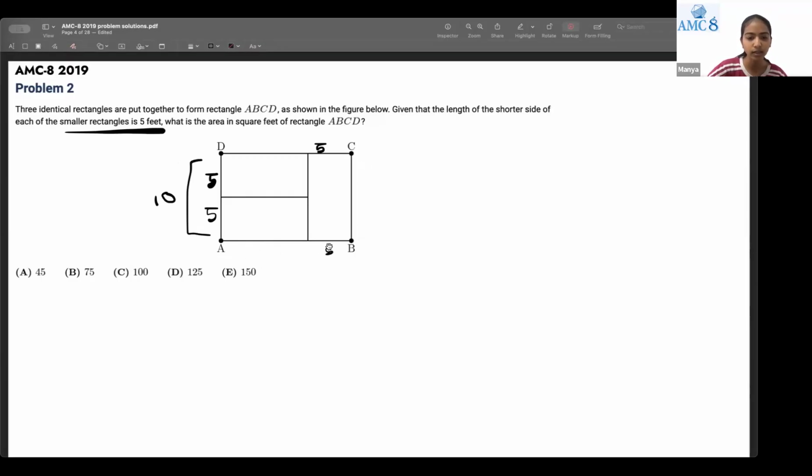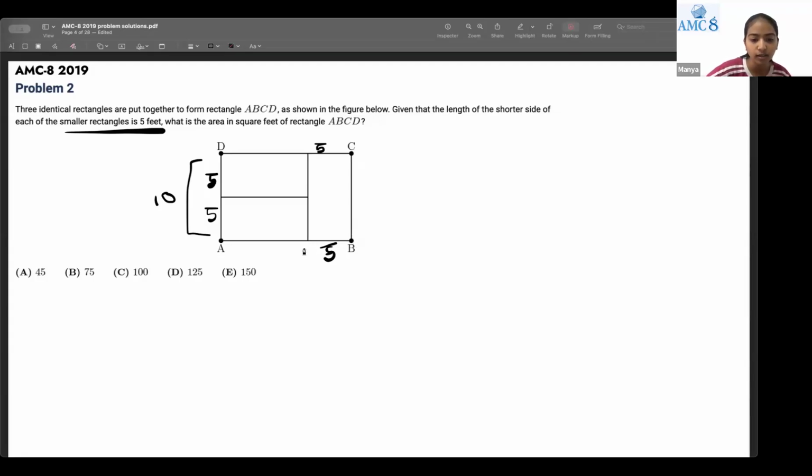What is the length of AB? Well, to find out the length of AB, suppose that this point is E. From EB, it's going to be 5. What's AE?